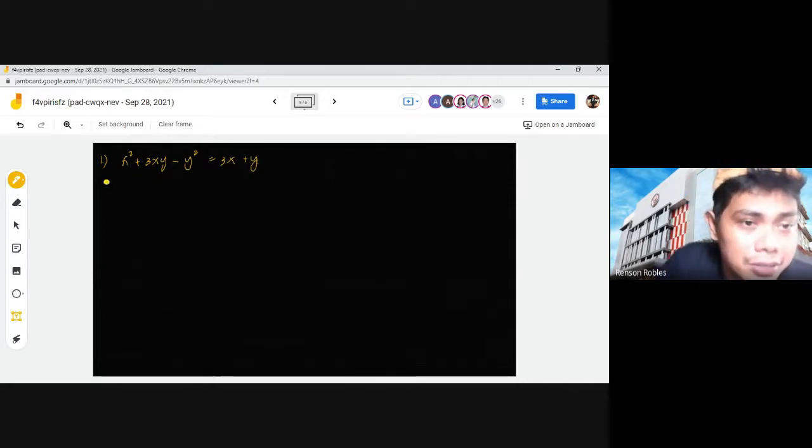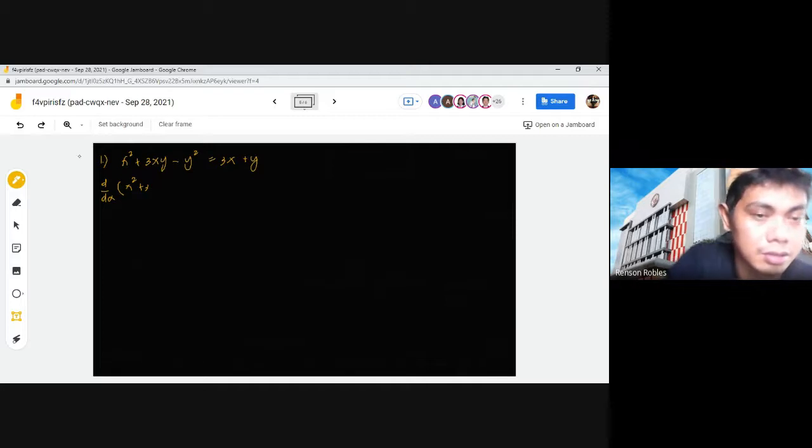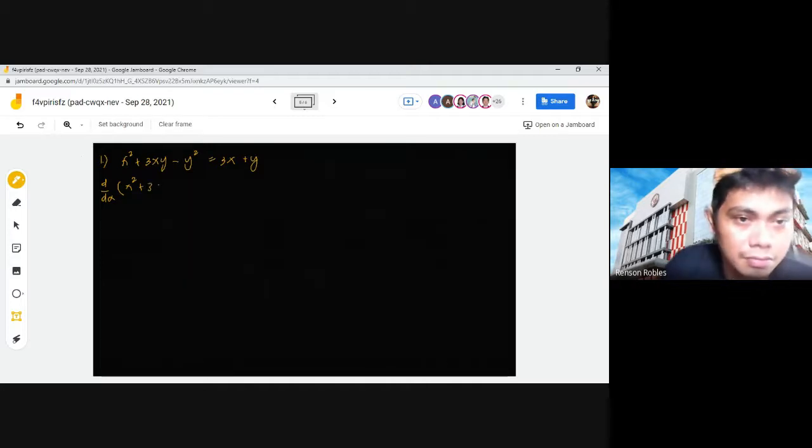You are going to differentiate every term on the right side and every term on the left side twice, in terms of x, and then do it again in terms of y. Find dy/dx.